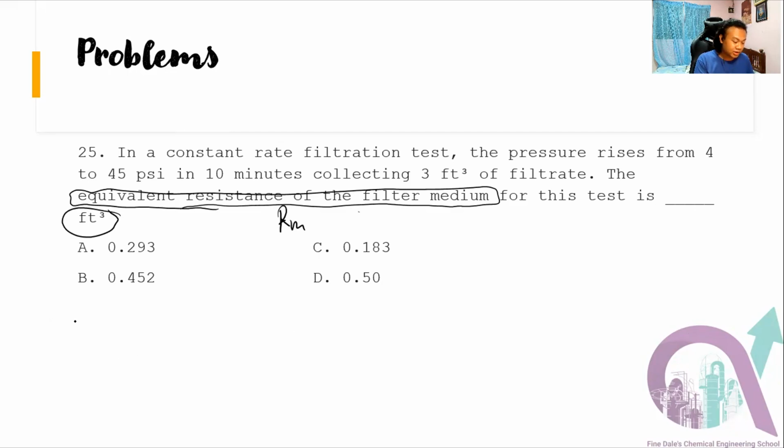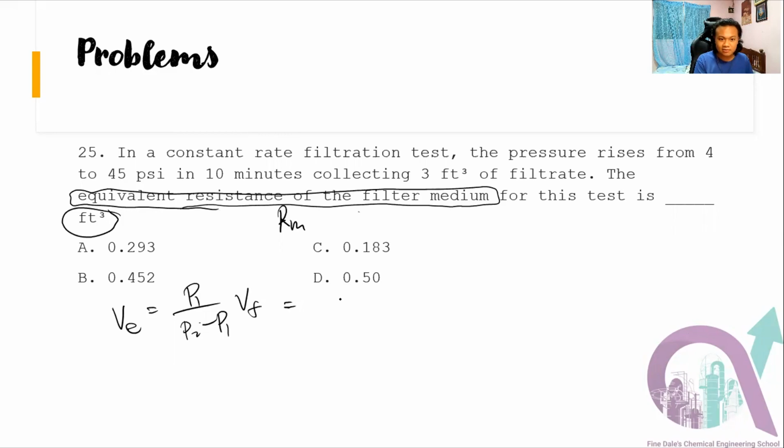Yeah, so number 25, so we have V2. This is the formula for that, no? V2 is P1 over P2 minus P1 times V, this is VE, and then VF. Okay, the filter volume.